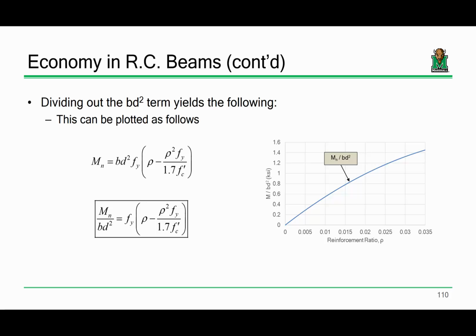As for FC prime and Fy, well, we can take default values, like 4 KSI concrete and 60 KSI steel, and so what we get is a measure of how the reinforcement ratio affects how strong the beam is. Now, I don't think that there's any mysteries of the universe in that plot right there. Put more rebar into the beam, it's going to hold up more load. Of course, right? That's pretty easy to understand. But that's not the whole picture.